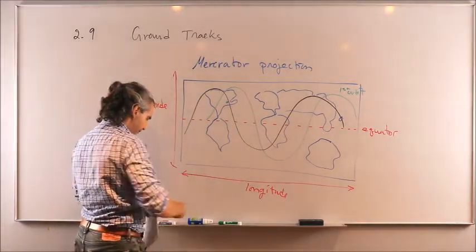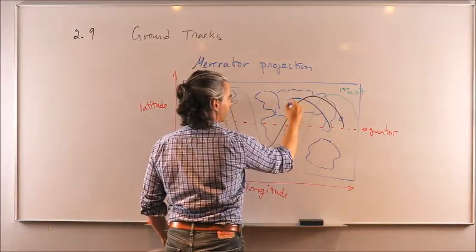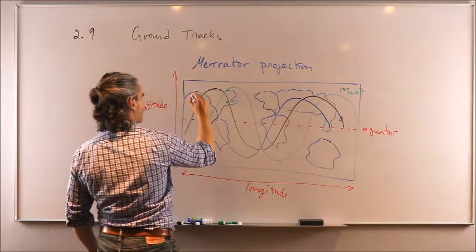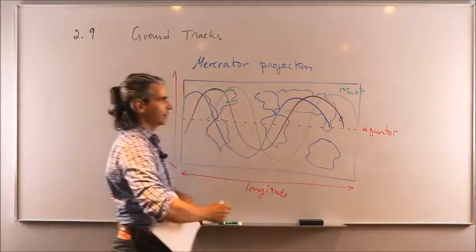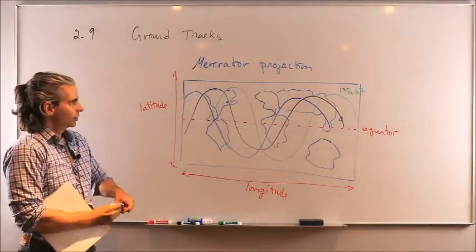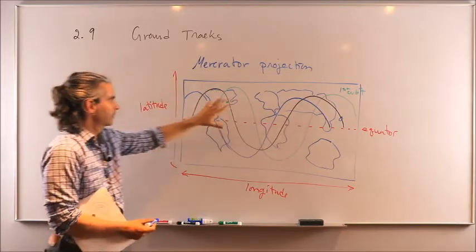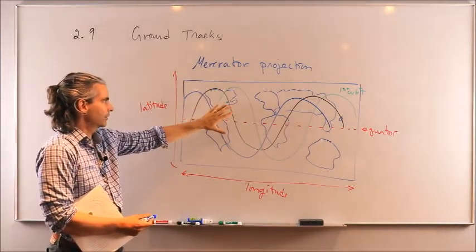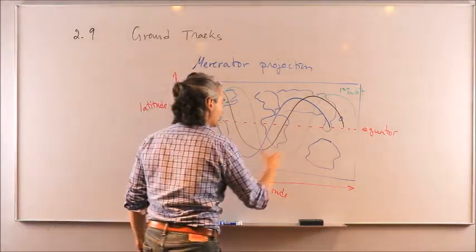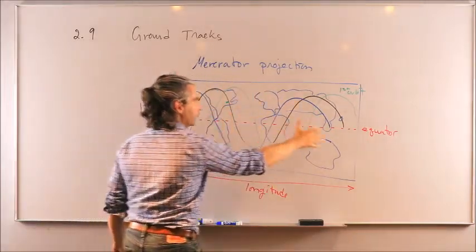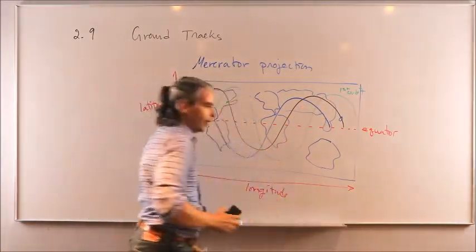And then the next orbit shifted a little bit more to the left, like this, and then the ground station here in Ottawa would have lost sight of the spacecraft by then. So the successive paths of the spacecraft, seen from a fixed observer, geographically speaking, is known as a ground track.